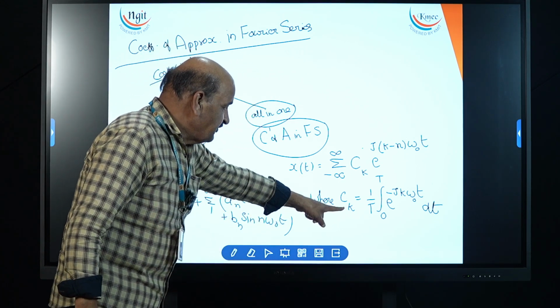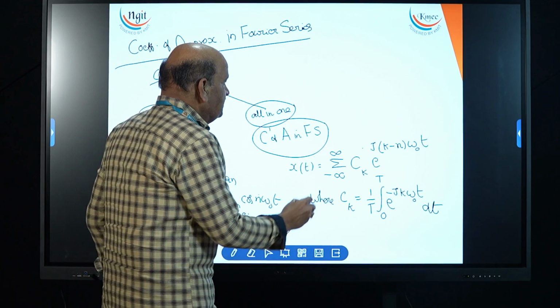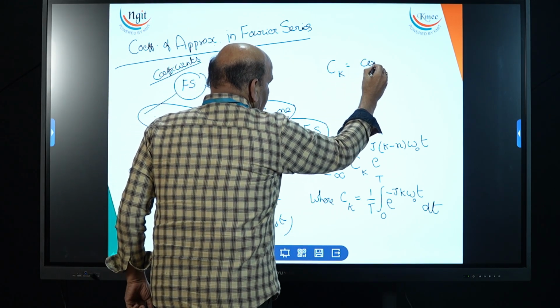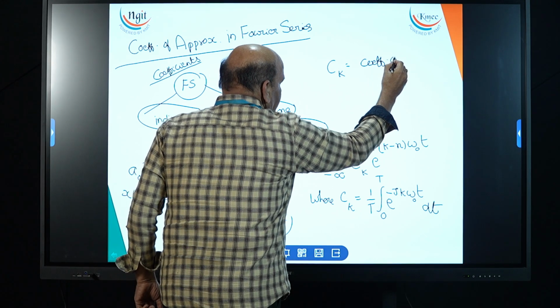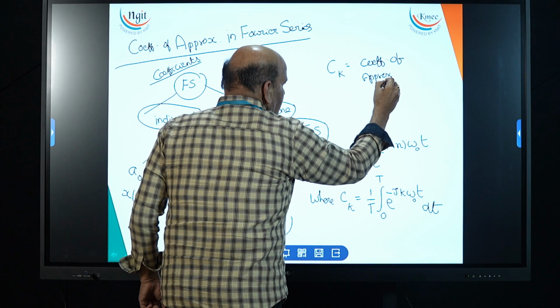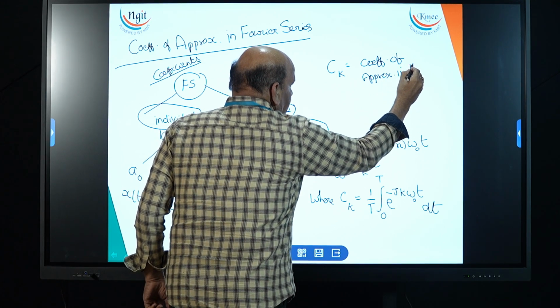This C of k is called coefficient of approximation in Fourier series.